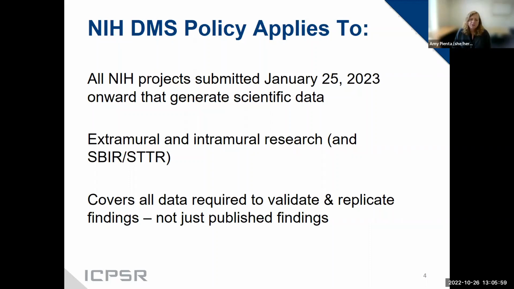But it does apply to both extramural research originating outside NIH and also the intramural research program, and also includes the small business innovation research awards and the like. It covers all data that are collected that are required to either validate or replicate findings. So not just necessarily the variables that underlie publications, but all findings reported in the course of a project.